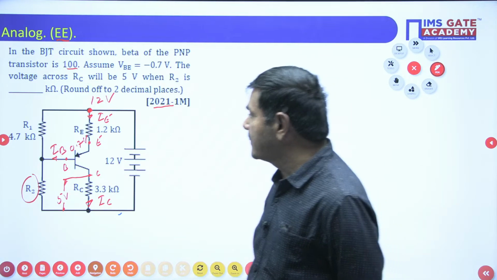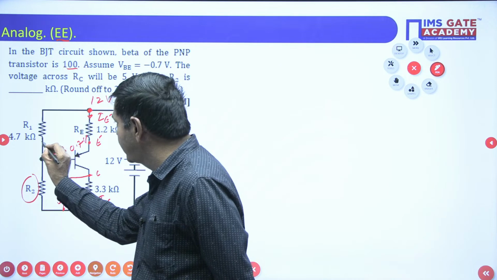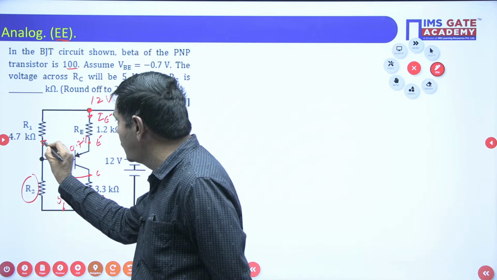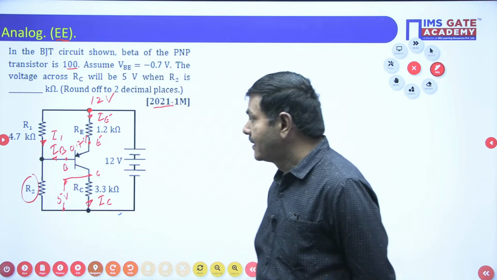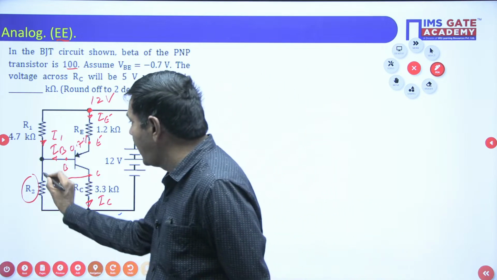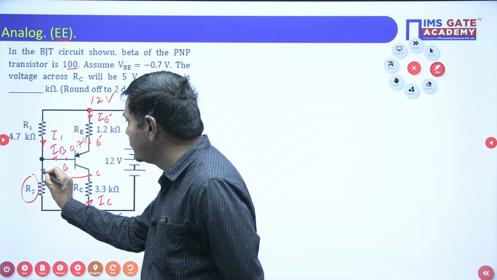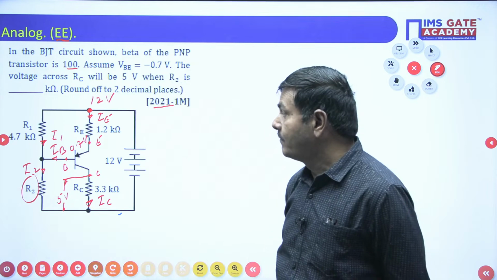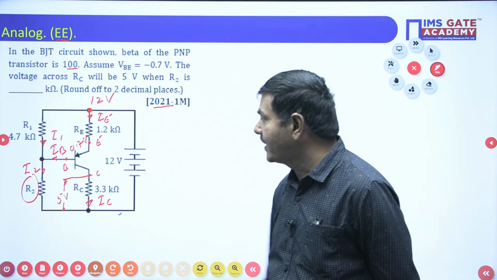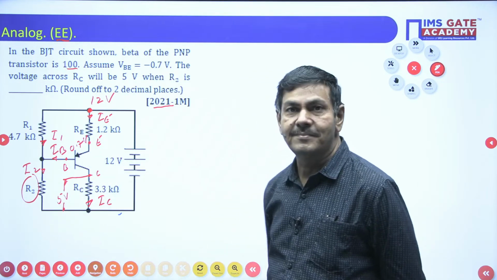This current is IB. This current I would like to denote I1. The current passing through this R2, I wish to take as I2. Without knowing the I2 value, I cannot determine the R2 value.